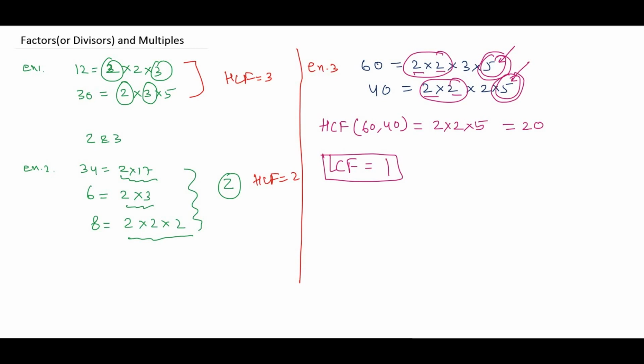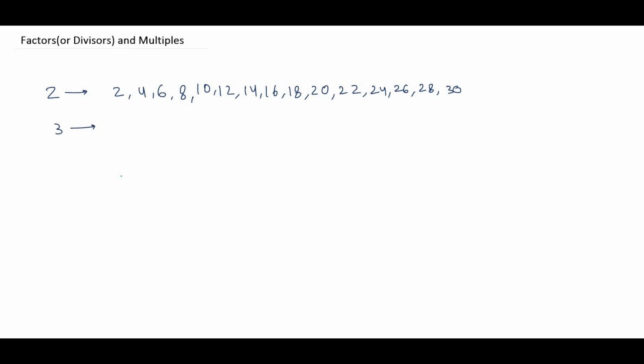Now we'll come to the common multiples. 2 can be written as 2, 4, 6 and so on. 3 can be written as 3, 6, 9 and 6 can be written as 6, 12.